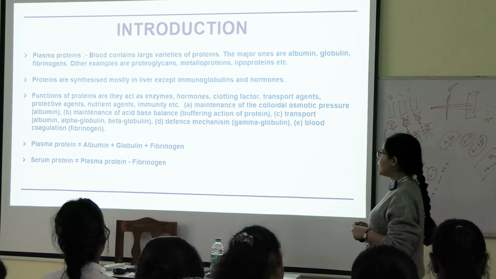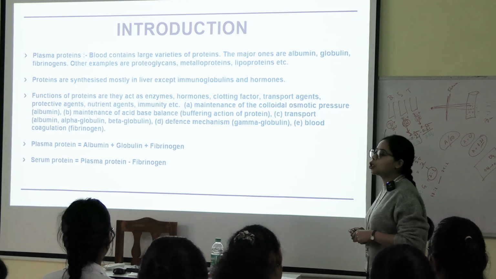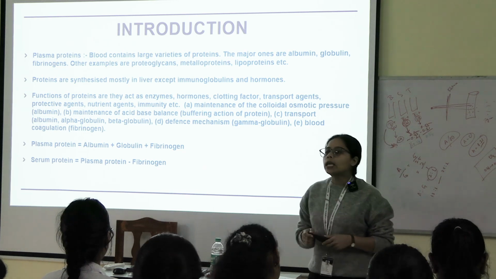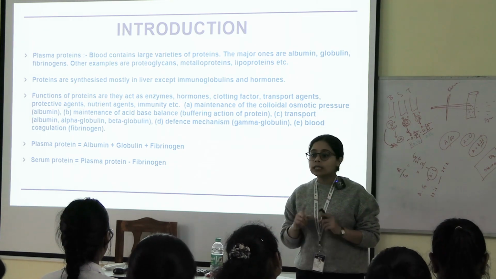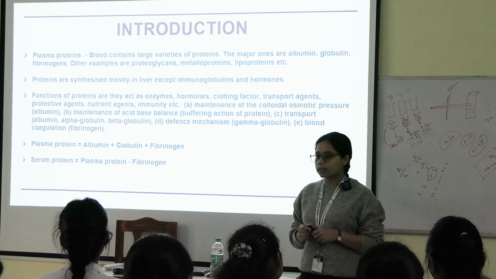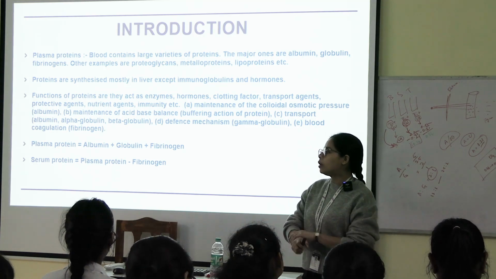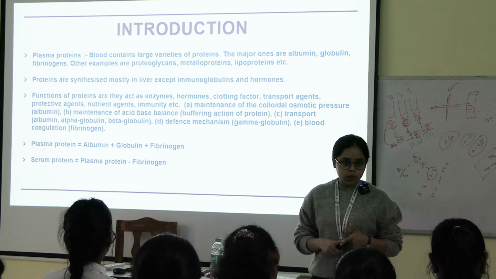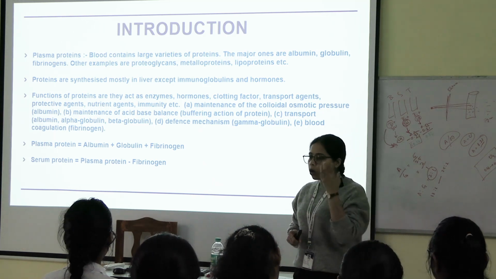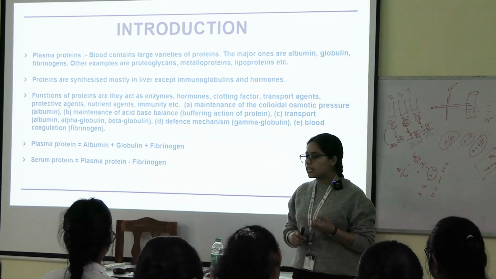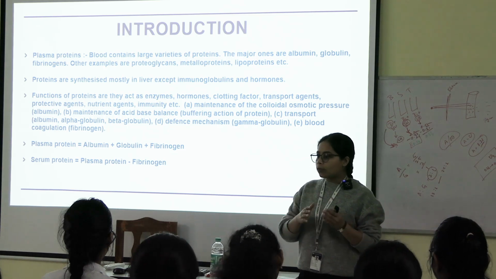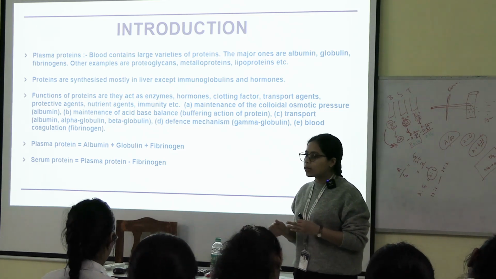Then maintenance of acid-base balance, that is the buffering action of protein. So if your body has more H plus ions, what is the state known as? Acidic state. So what the protein will do, it will go and bind with the H plus ions. Okay, then the concentration of H plus ions will decrease, right? So in that way the body will come to a normal state.